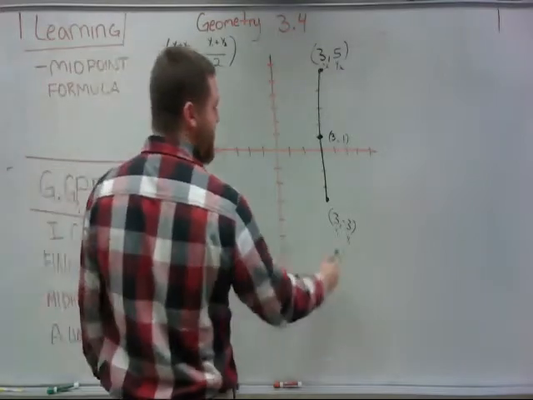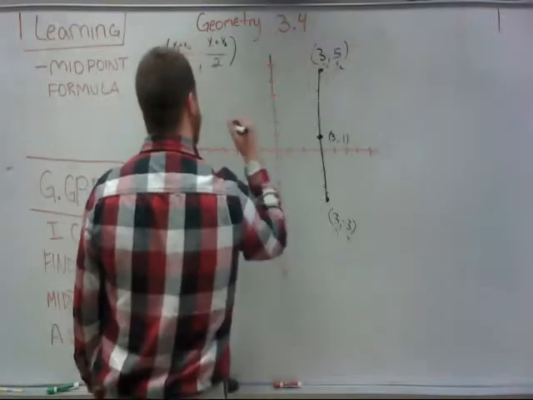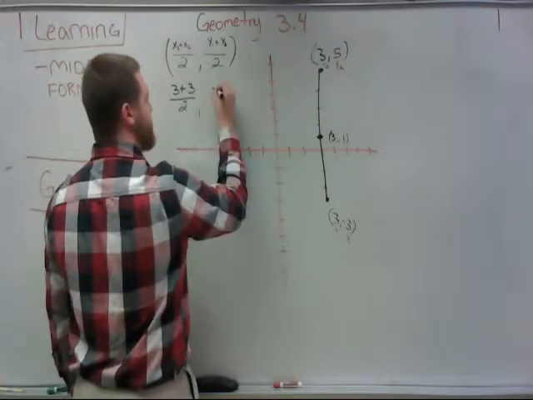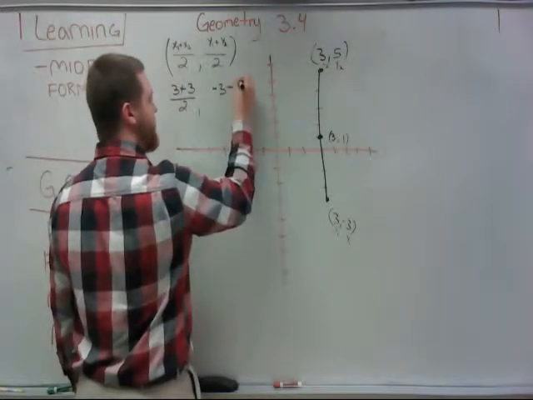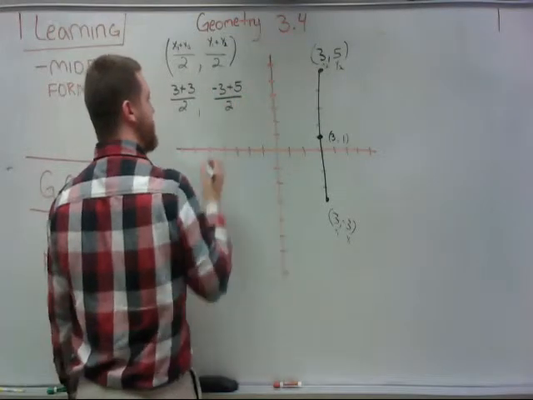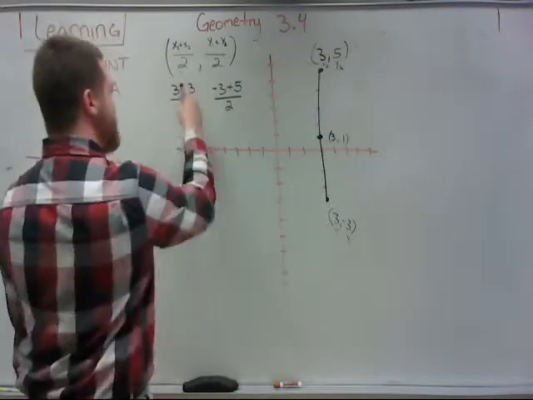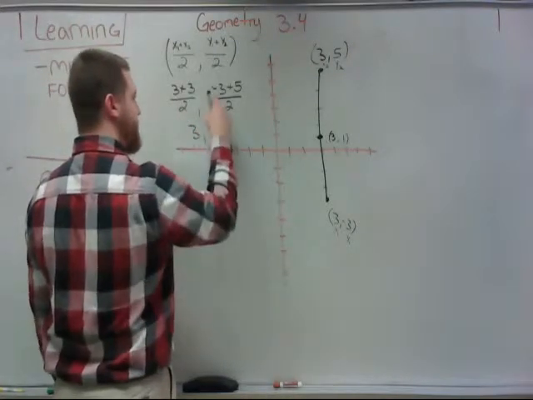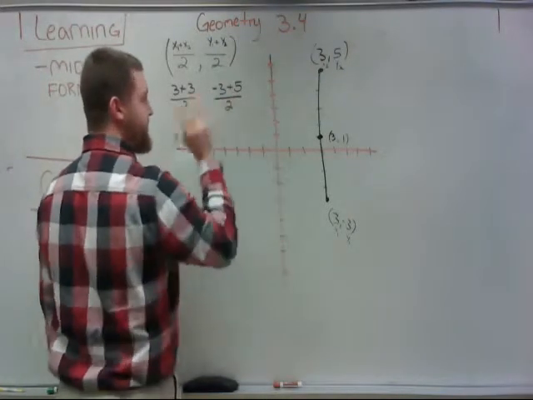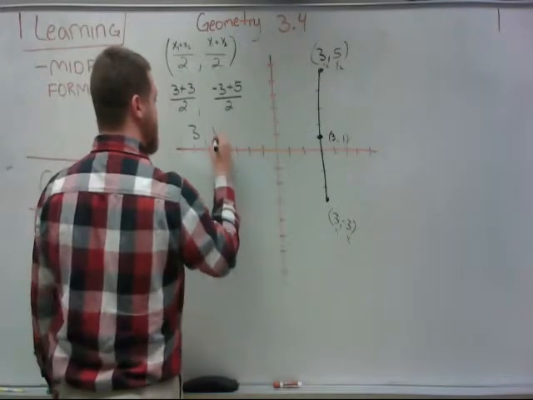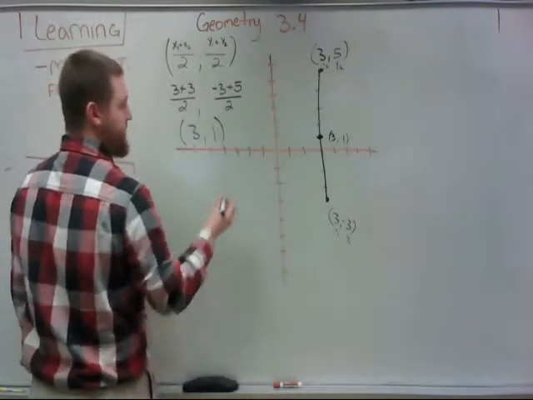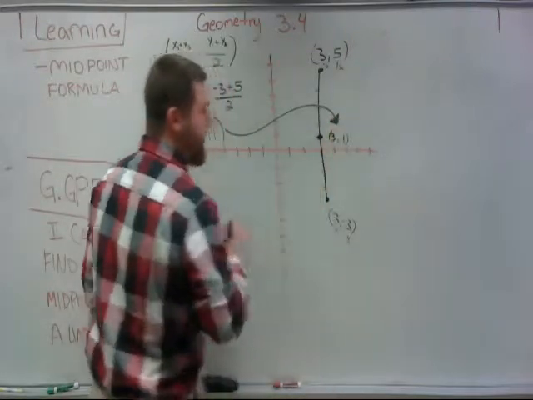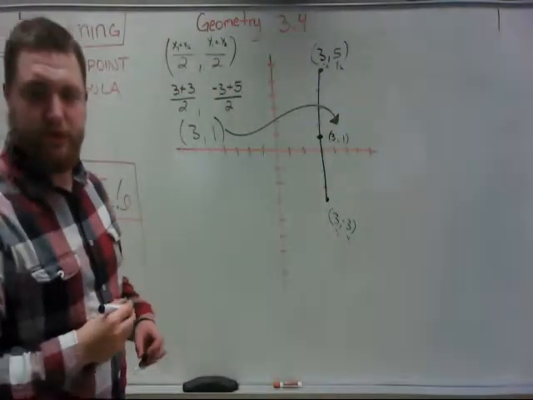And then my y's would be negative 3 plus 5 divided by 2. Let's make sure that works. 3 plus 3 is 6. 6 divided by 2 is 3. Negative 3 plus 5 is 2. Divided by 2 is 1. Did we get the same answer? Why, yes, we did. Awesome.